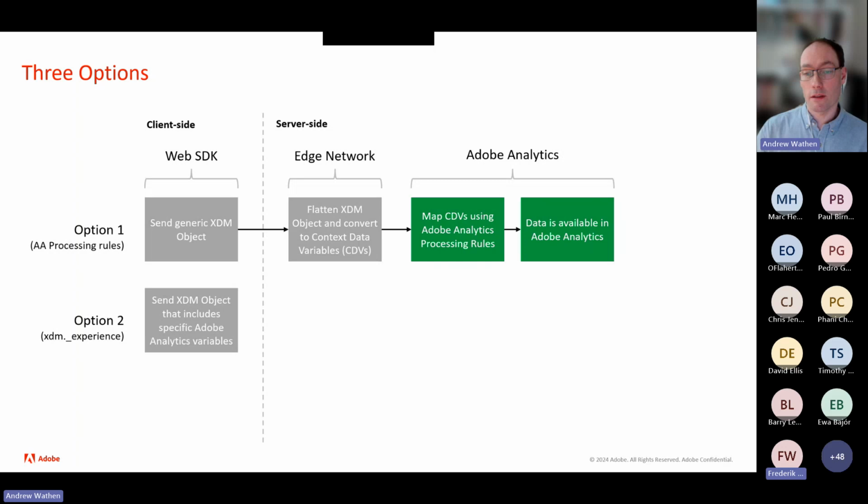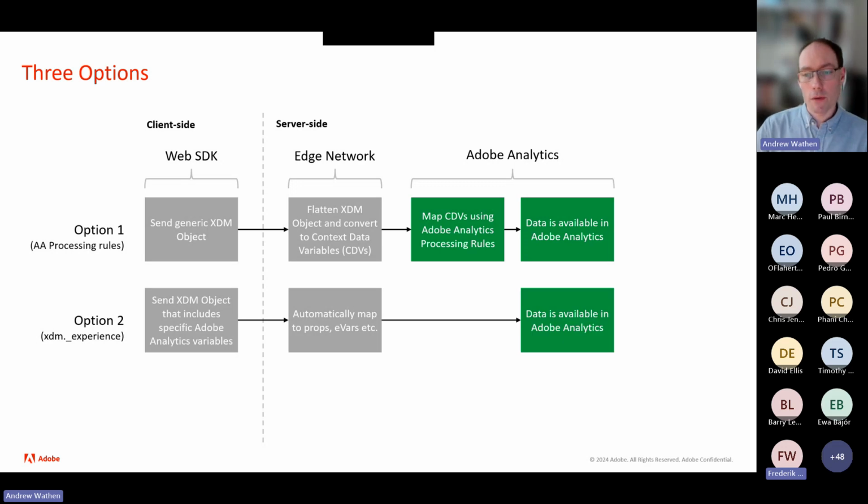And if you populate those variables, then you will find that they get auto mapped. So you don't need, therefore, to use context data variables or processing rules. They will just go through and appear in Adobe Analytics. So you populate it client side, Edge network automatically forwards that on, and it ends up in Adobe for you.